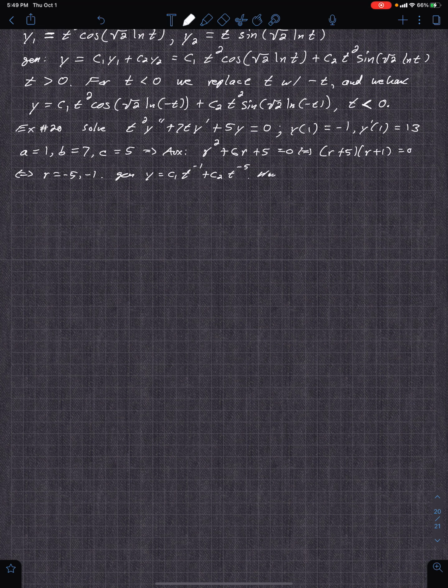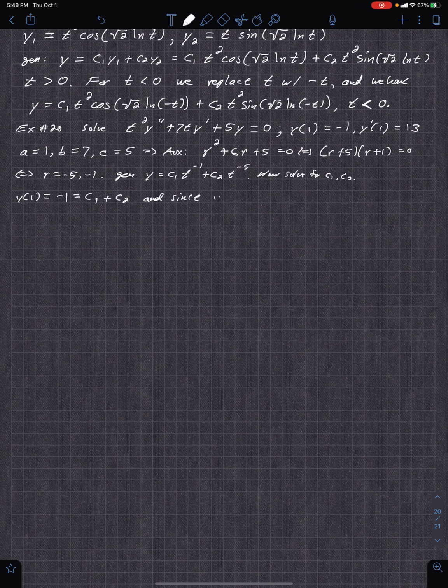All right, so now solve for C1, C2. So we substitute in and solve, right? That's what you have to do next. So you say y of 1 is equal to -1, which is given, which, once you substitute, is C1 plus C2. That one's easy. And now you have to take the derivative.